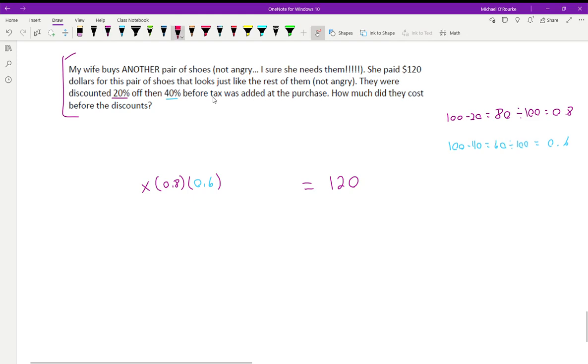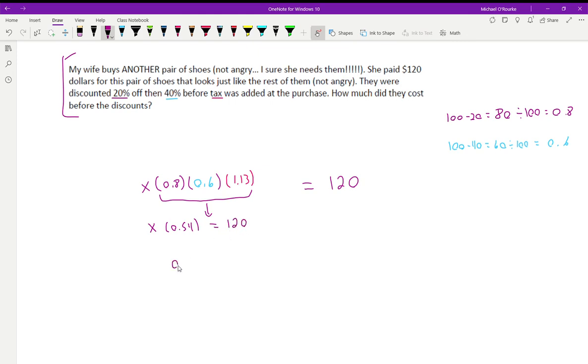Now tax is 13%, but I like to write it as a 1.13 because that gives us our final answer. So now we can put all these together to get this number. So 0.8 times 0.6 times 1.13 equals 0.54. So 0.54x equals 120.